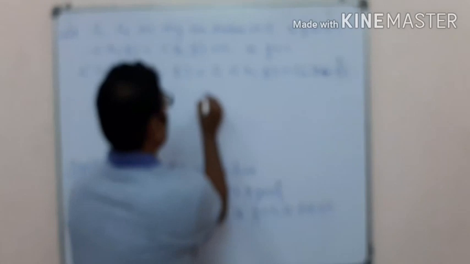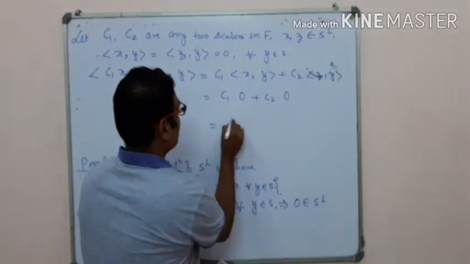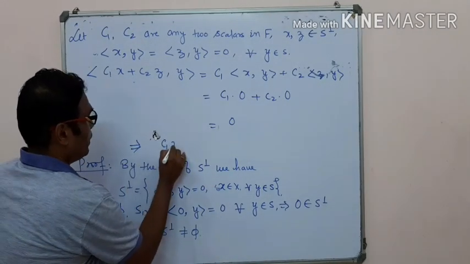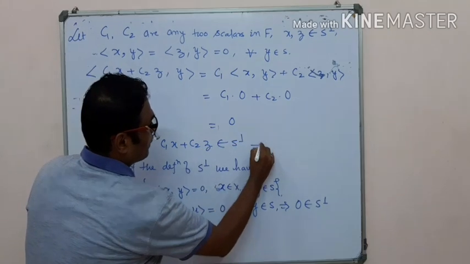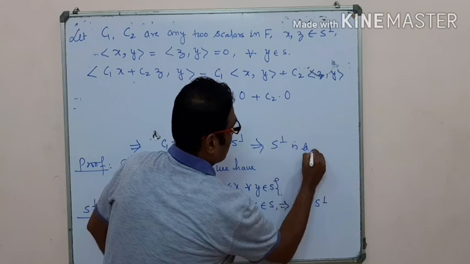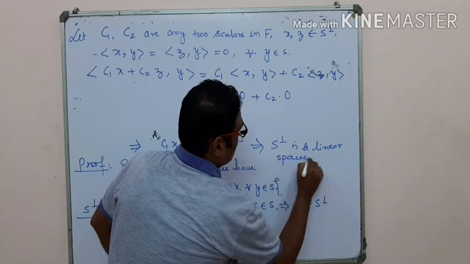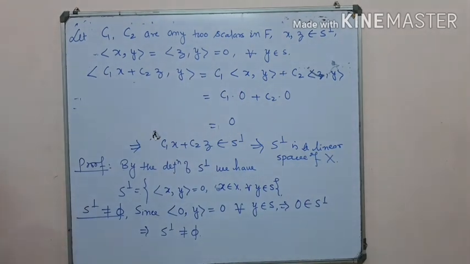So this is C1 into 0 plus C2 into 0, which is equal to 0. It implies that C1x plus C2z belongs to S complement. Again, it implies that S complement is a linear subspace of X.